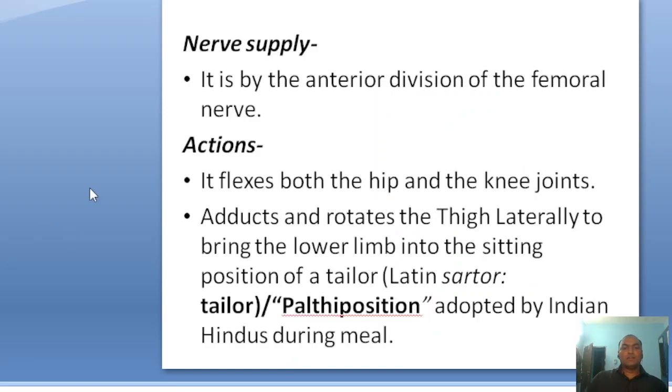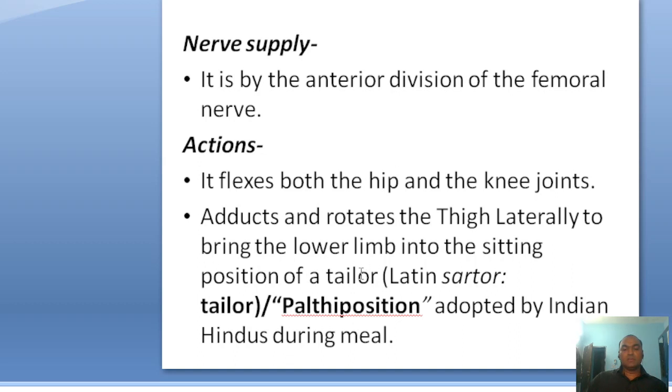Nerve supply: it is supplied by the anterior division of the femoral nerve. Action: it flexes both the hip and knee joints, abducts and rotates the thigh laterally. So it rotates the thigh laterally, bringing the lower limb into the sitting position of a tailor.